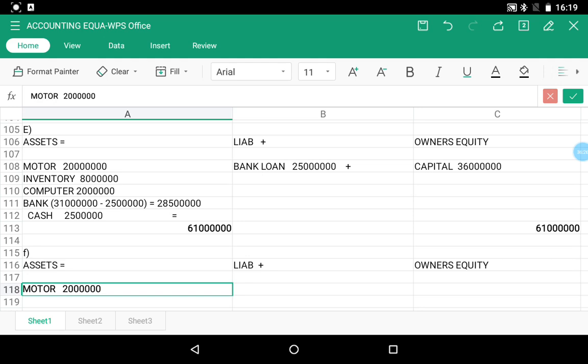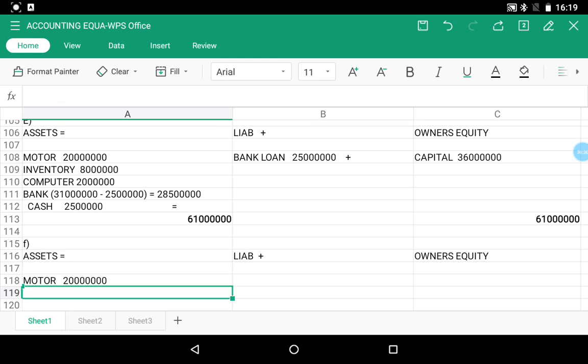So we have our motor vehicle, which is 20 million. Then we have our inventory, which was iron sheets. Remember our inventory was iron sheets worth 8 million. This person took iron sheets worth 2 million to roof the family house.